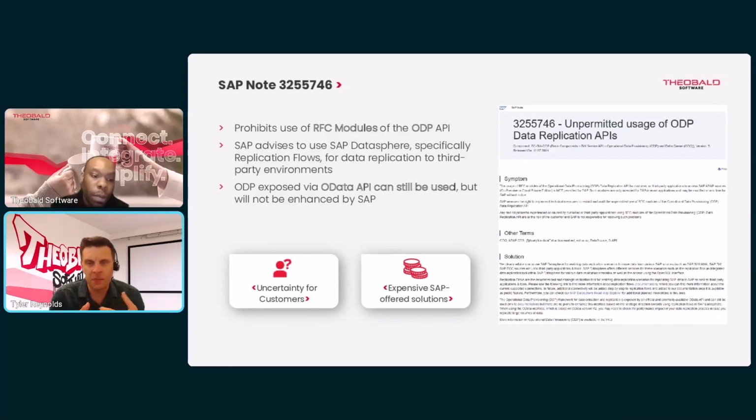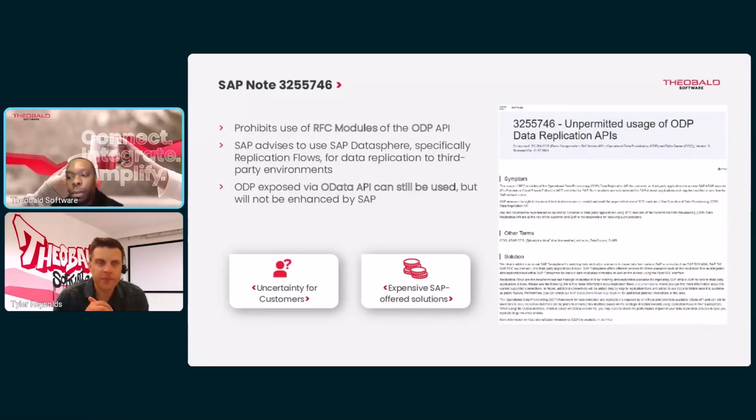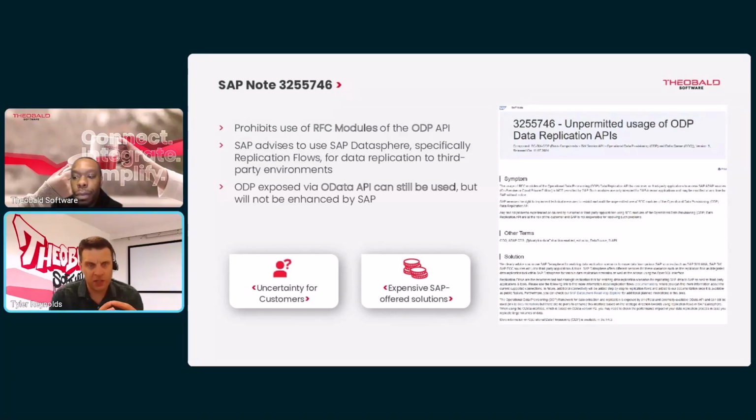ODP is basically a framework that SAP introduced with S/4HANA, which you can think of as not necessarily a data source, but a data provider. Correct. And another part is the RFC modules you mentioned, which is one way to get to that type of ODP information. Correct.